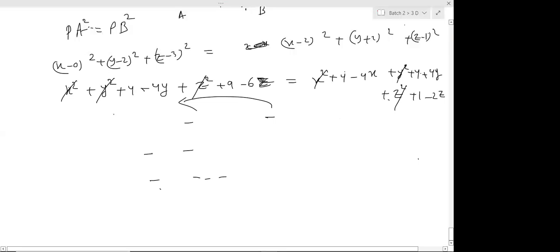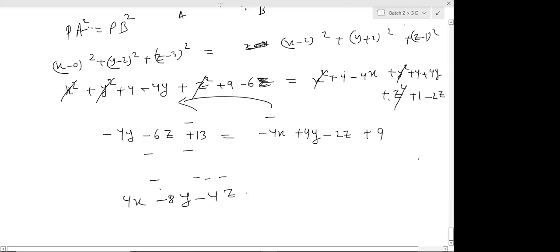Okay. So on this side we have minus 4y minus 6z plus 13 is equal to minus 4x plus 4y minus 2z plus 9, right? So this is 4x minus 8y minus 4z plus 4 is equal to 0.